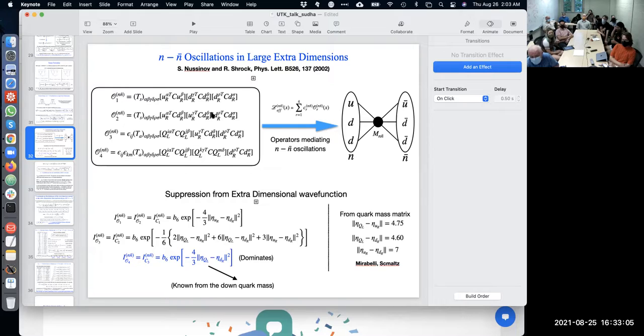You only say that the different branes are separated. And the suppression of the proton decay is because the quarks and leptons are separated in extra dimensions, and there is no such separation for the quarks only. And this is the mechanism.